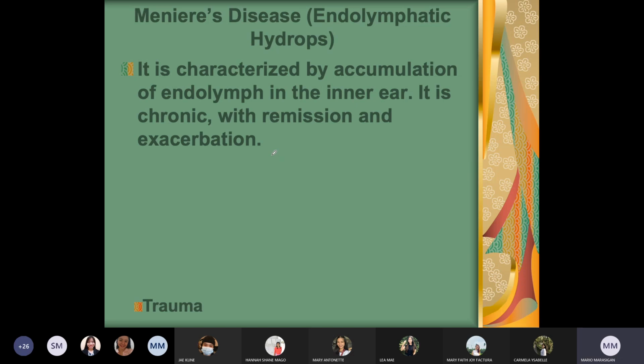Okay? Umaatake palagi. And it can progress or exacerbate. Ang katapat nito sa eye disorder is glaucoma. Okay? So ito na yung pinakamalalang sakit which can lead to deafness. Call that Meniere's disease.